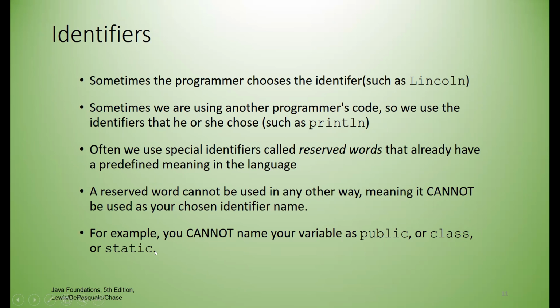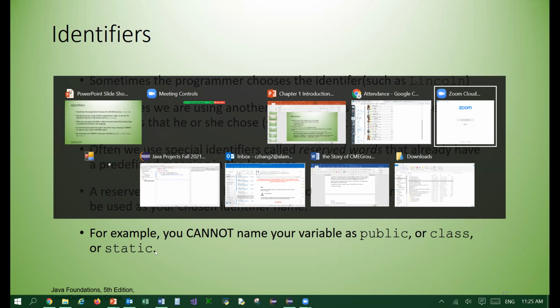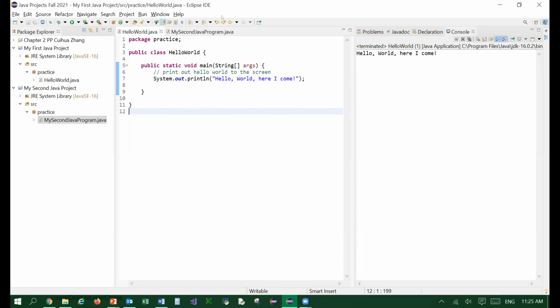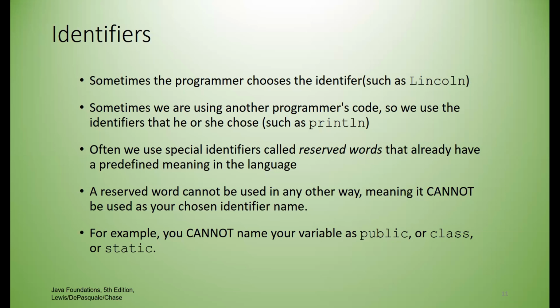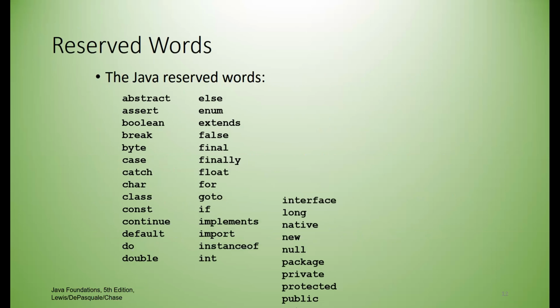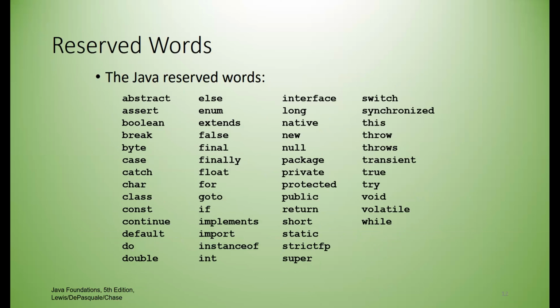Okay, that's very important. Why? Because these are really reserved words. That's why you can see it is in purple, right? Package. That means it's reserved. You cannot name your class that. Okay, let's look at this. So these are the reserved words. Which ones do we know?